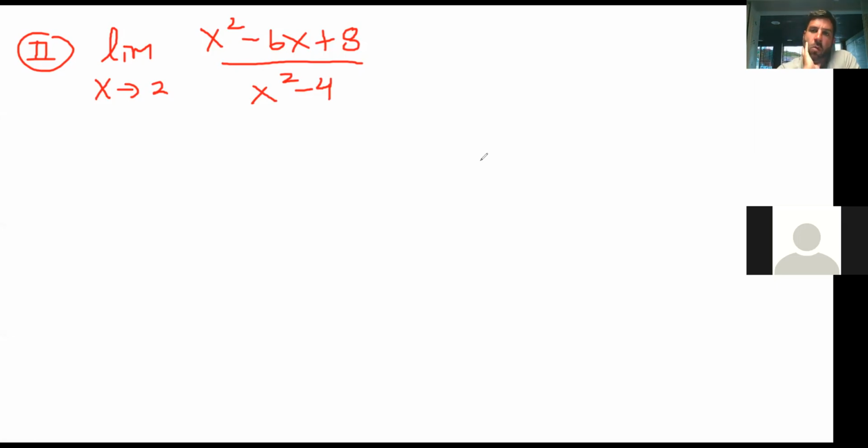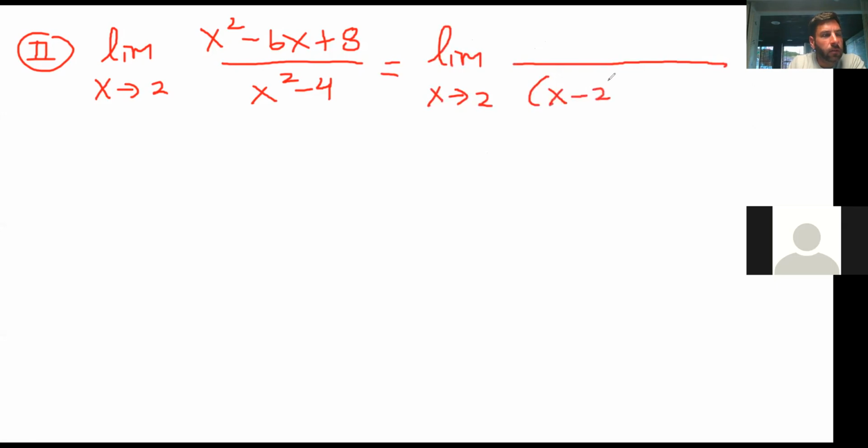And so we have to rely on some other limit laws. One of the limit laws we stated says that if you can do some symbolic algebra, if you can take the expression that we have and find an equivalent expression, then we're allowed to take the limit of that. So the key observation for this particular problem is to note that the numerator and the denominator both factor.